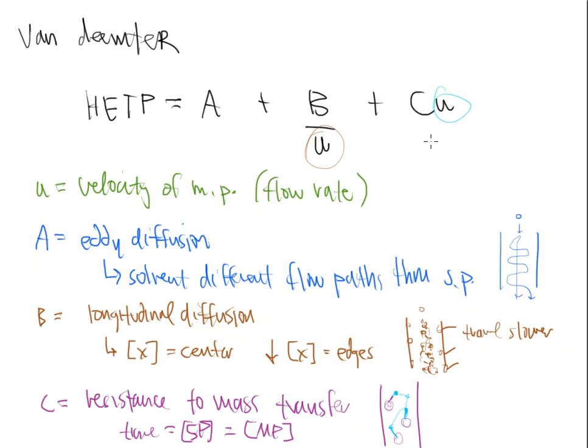When it's on the stationary phase, the velocity, of course, is different because it's not really traveling anymore. So I see a change in speed, and therefore the U has to be tagged along with the resistance to mass transfer as well. Okay, the A part does not get a U, and the reason is because eddy diffusion just simply states that it flows different ways through the column.